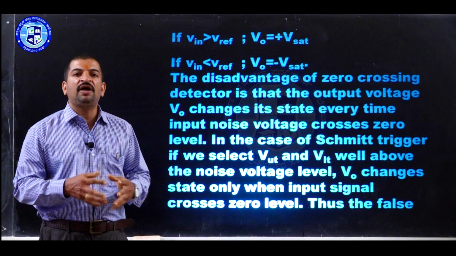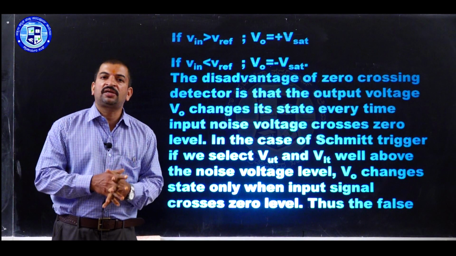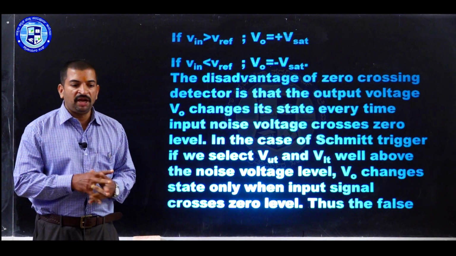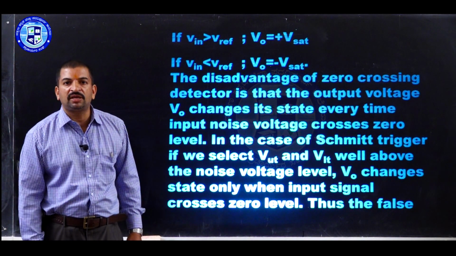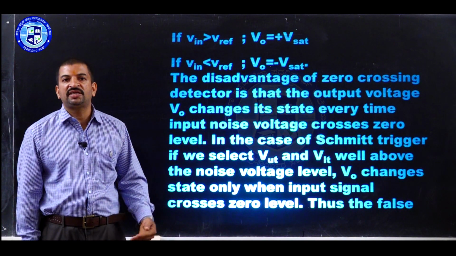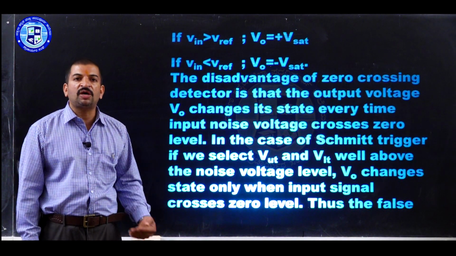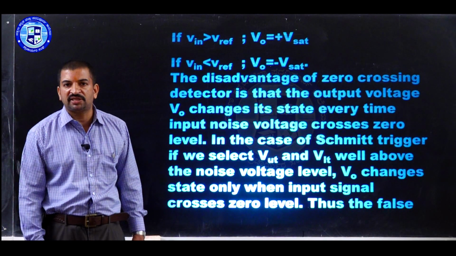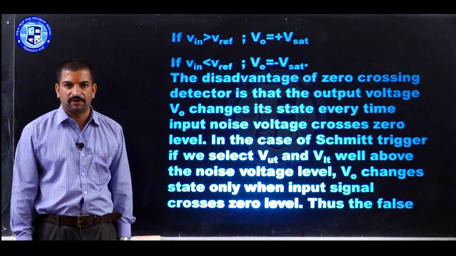The disadvantage of the zero crossing detector circuit is that when the input noise voltage crosses the zero level, the output voltage changes its state. So, false output transition occurs in the case of the zero crossing detector.